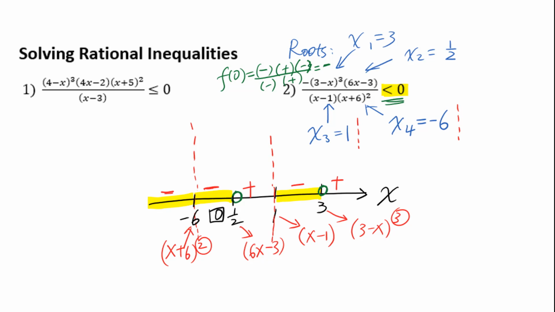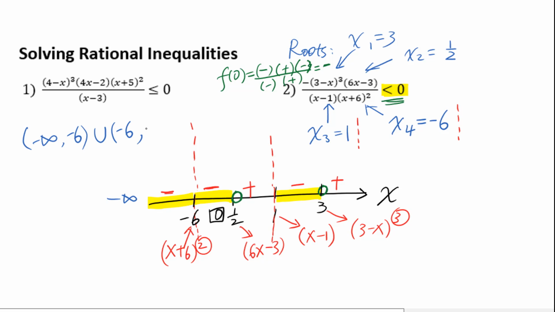So we can write down the solution to this inequality. That is from negative infinity to negative 6, union with negative 6 to 1 over 2, open interval, union with 1 to 3, open interval.